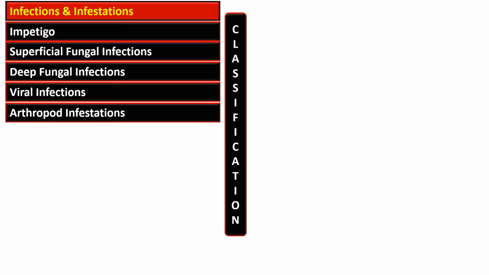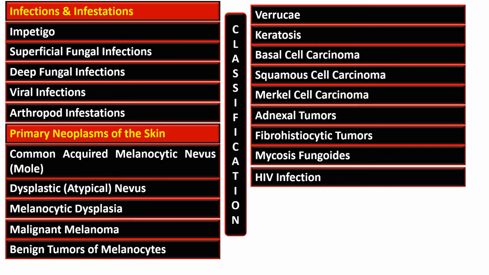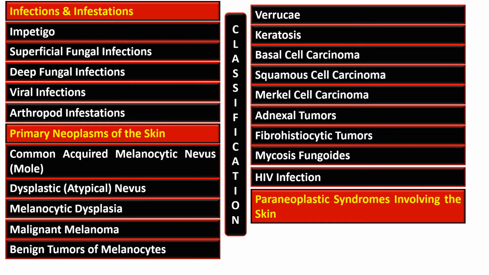Then there are infections such as impetigo, superficial fungal infection, deep fungal infections, viral infection, and arthropod infestation, and a variety of benign and malignant tumors. Some skin diseases are also a manifestation of the paraneoplastic syndromes.